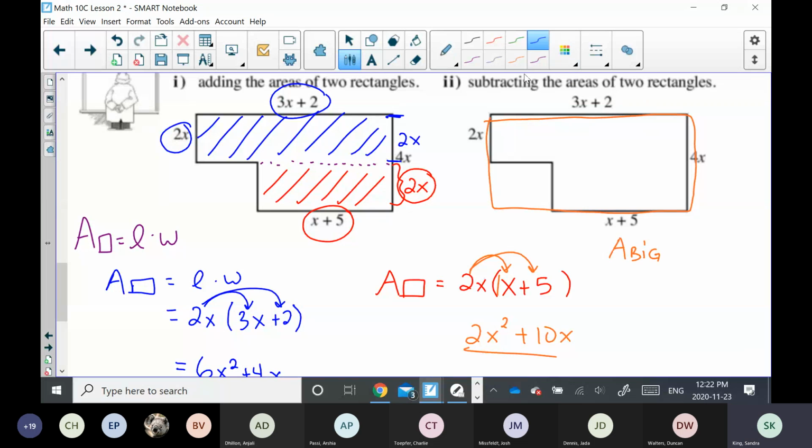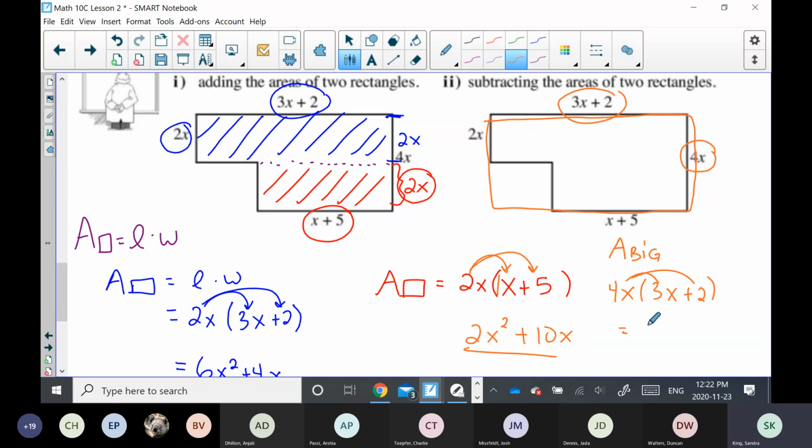What the area of this big rectangle would be, it would be this 4x, because this is 4x, times, I need the entire length, right? The entire width and the entire length if I'm doing the area of the big rectangle. So it would be times this guy, 3x plus 2.